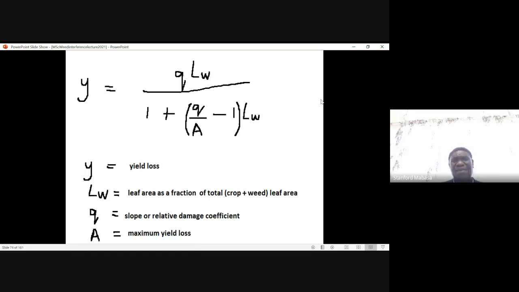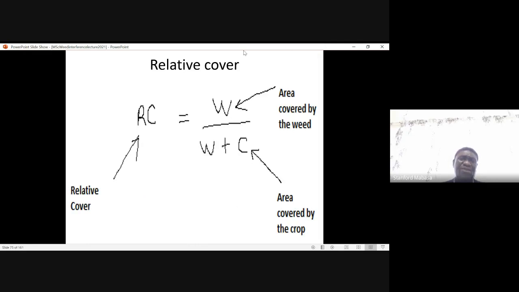But we said it may be cumbersome to try to measure leaf area. You can just estimate relative cover, where relative cover is the area of the weeds divided by the area of the weeds plus the area of the crop, like what we were trying to explain.